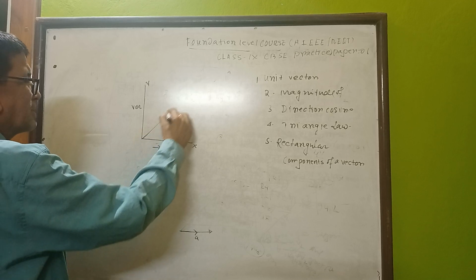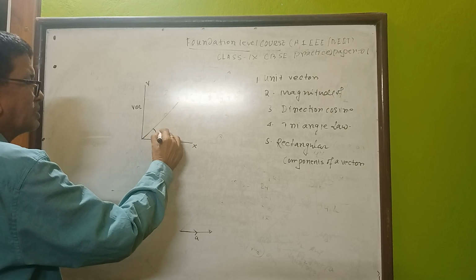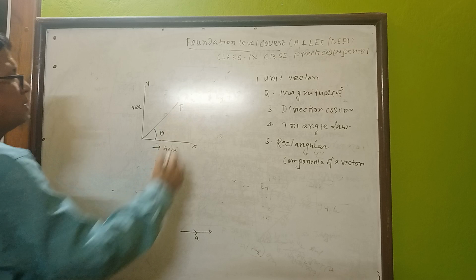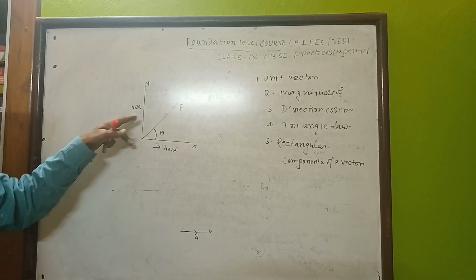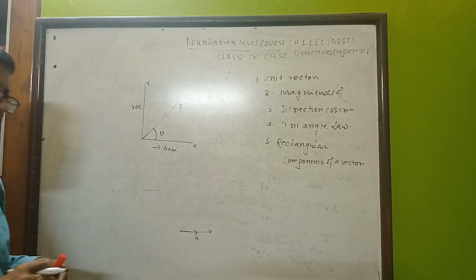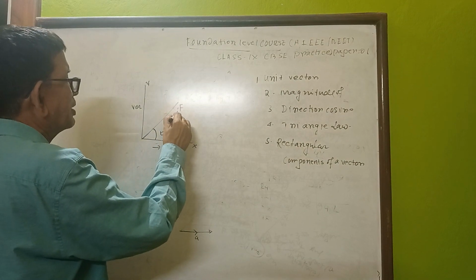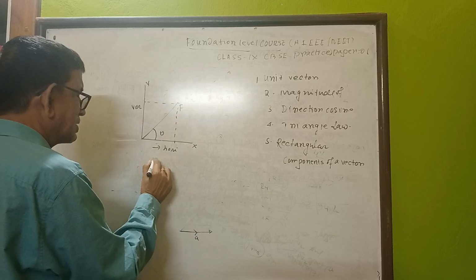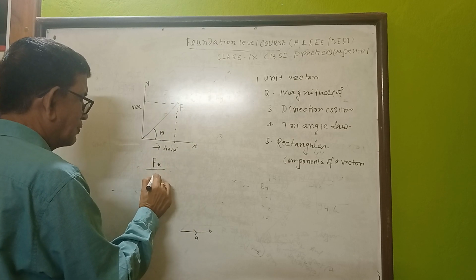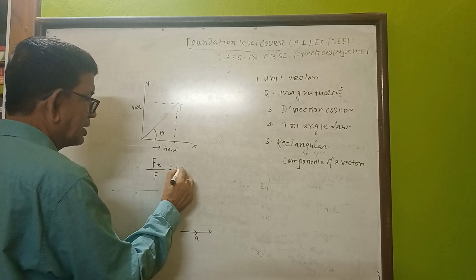Now a force is acting, making some angle theta with the x-axis. What are the two components? Rectangular components means the angle between the two components is 90 degrees. So you draw perpendicular on this. So for rectangular components, Fx by F equal to cos theta.